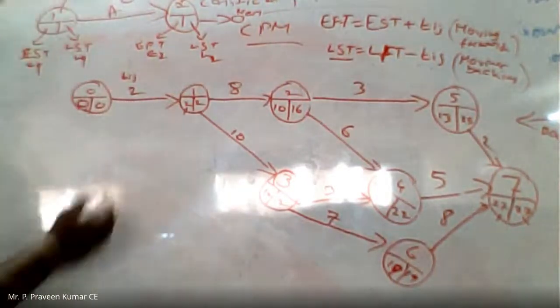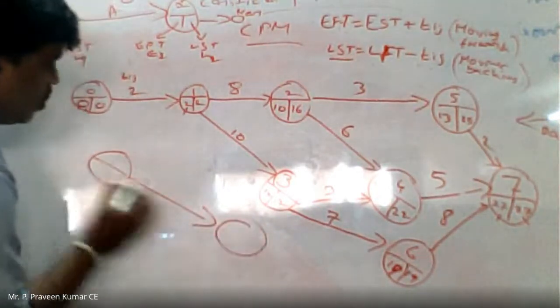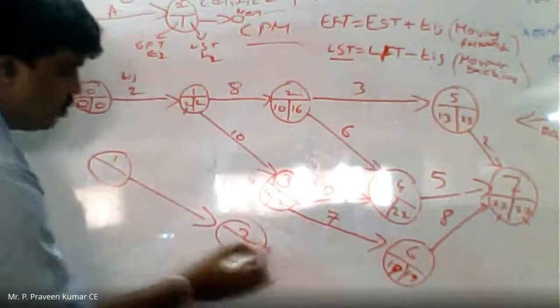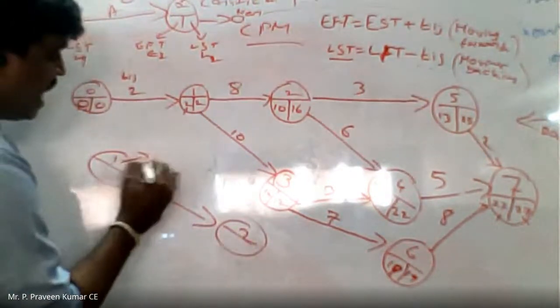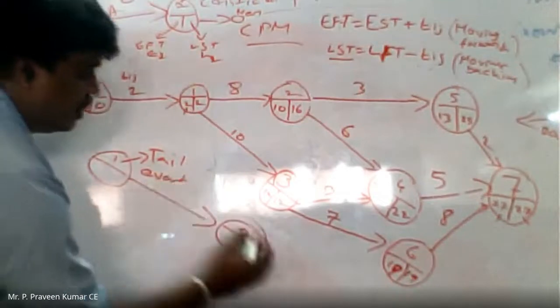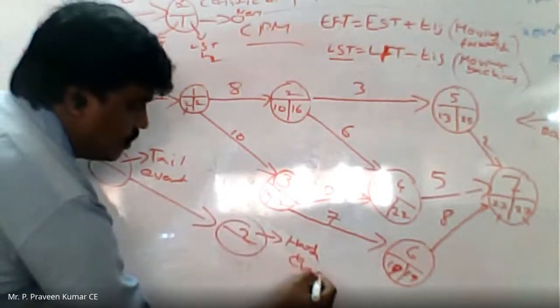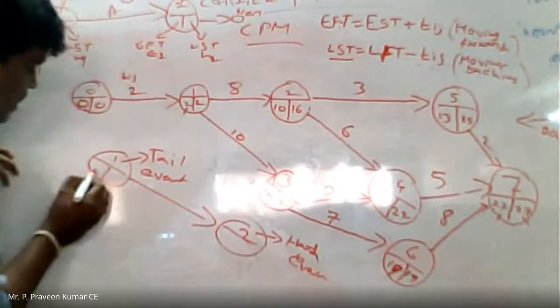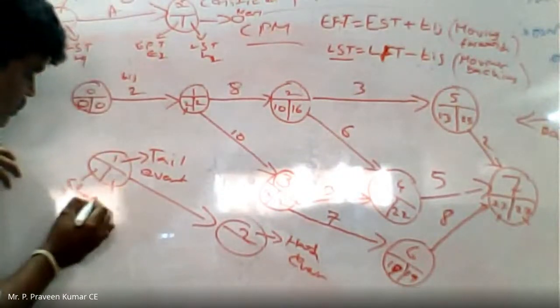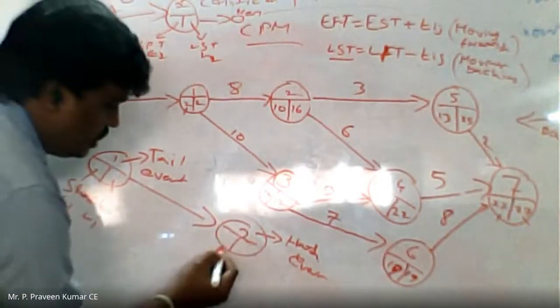I will show it here. If you draw an activity, these are nodes 1 and 2. We can call the first a tail event. This is the head event. In between, these are the slacks, E1 and L1.